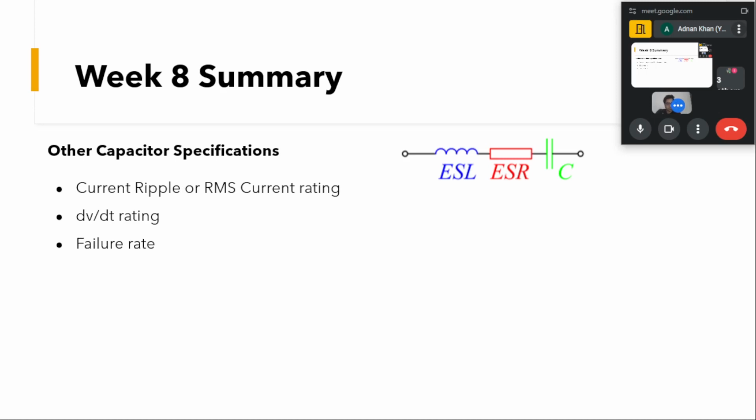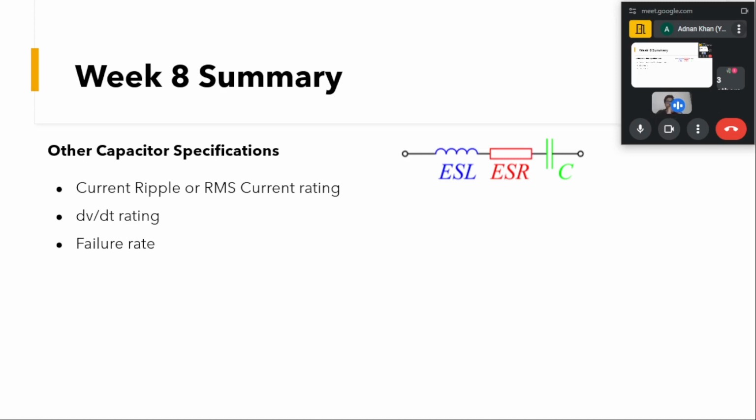Usually the average of the current that goes through the capacitor will be 0, but there will be some RMS current that goes through it, and there will be some losses associated with it because of this ESR. Also, we have to see the ratings of the ripple current that a particular capacitor will be able to sustain before getting damaged.